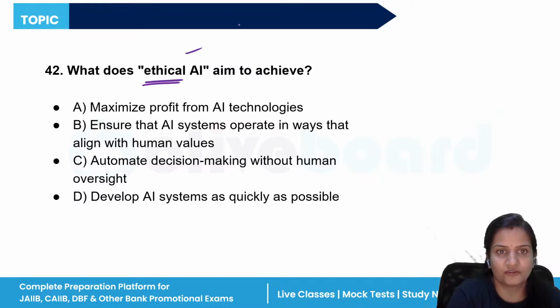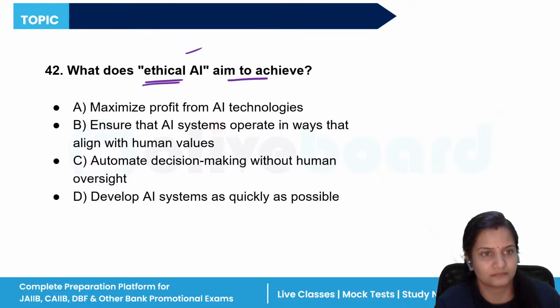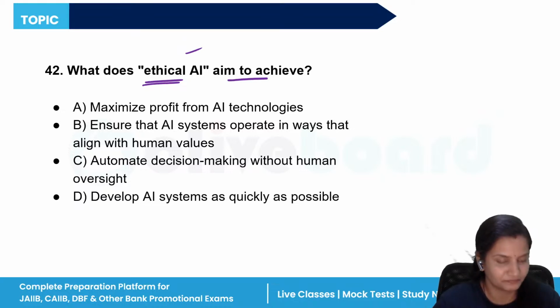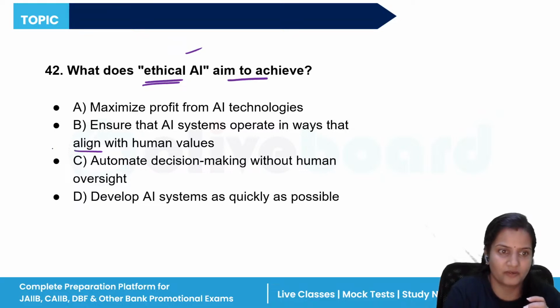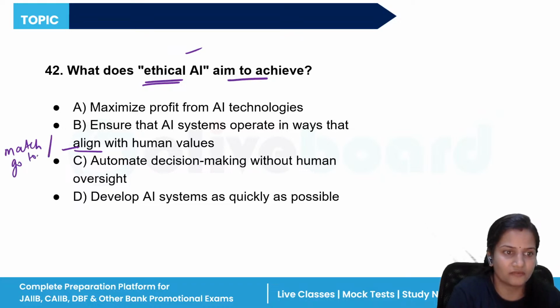Ethical AI. There's a topic, ethical AI, in your syllabus. What does it mean? Ensuring that AI systems operate in ways that align with human values, meaning that match or go together with human values.